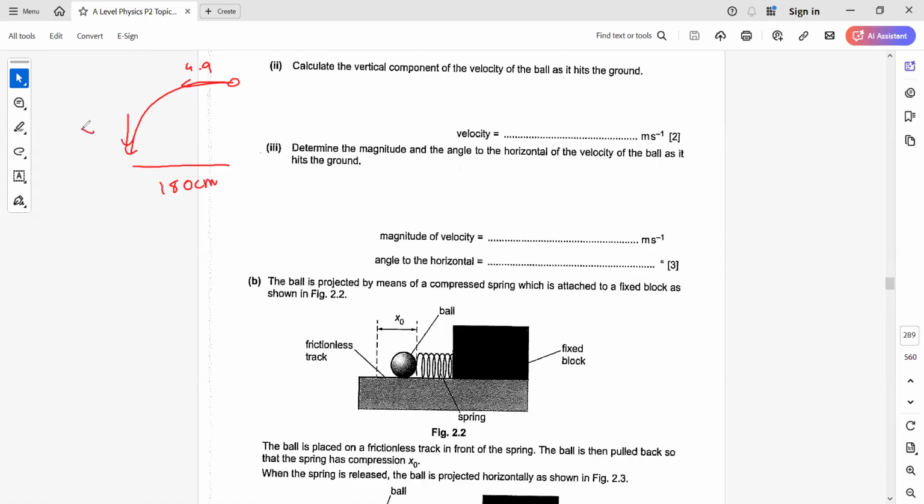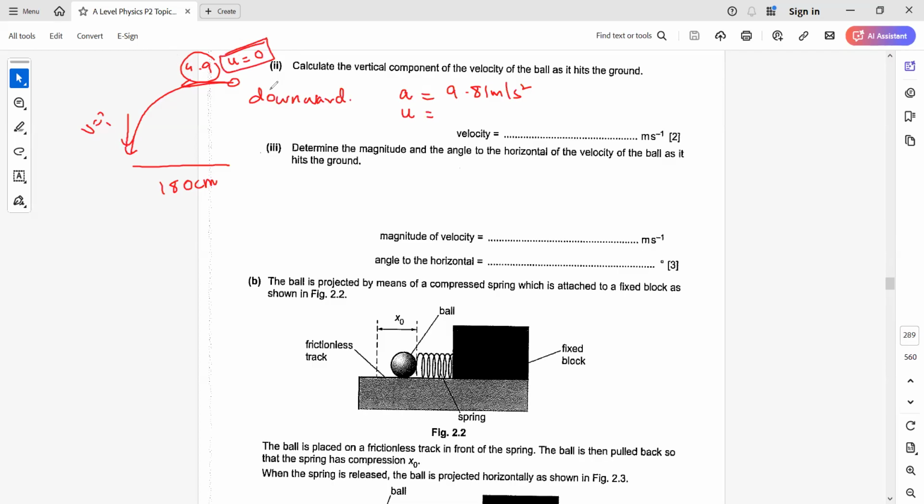So this is a downward motion, so acceleration is positive 9.81. That's what we are assuming. It started from rest because here there is no vertical velocity component. So don't confuse 4.9 with the 0. 4.9 is the horizontal component, not the vertical component. The vertical component is 0.